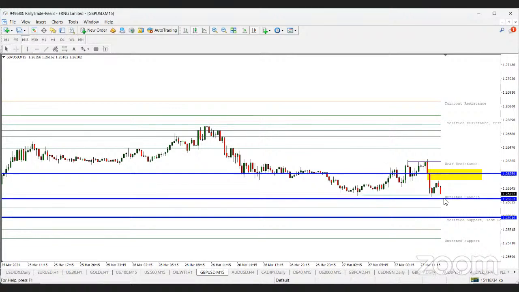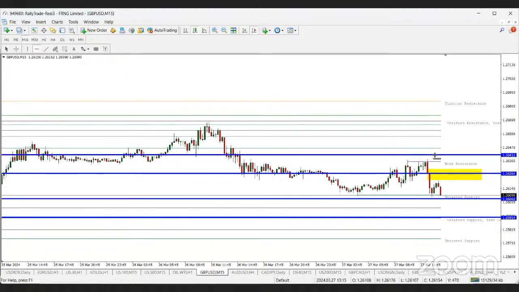If I'm doing that, I could consider a stop loss at around 1.26410.